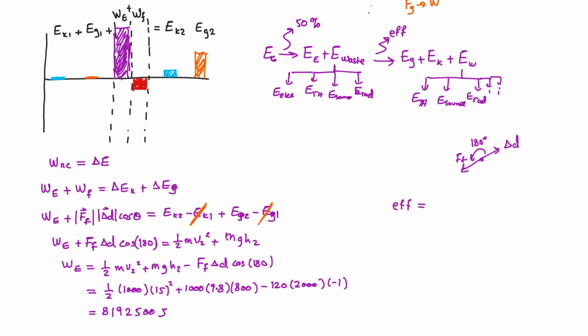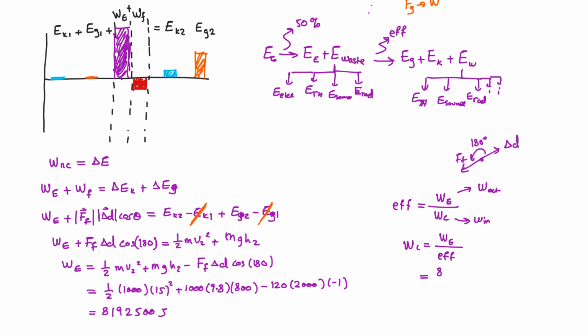That's going to equal the work done by the engine divided by the total energy by the chemical, or WC, or you can think of this as the energy out or work out, and this is work in. And what we're trying to find is WC, so WC is going to equal WE, which is the work by the engine, divided by the efficiency.